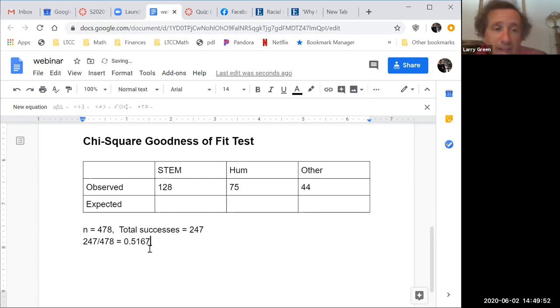Any questions on that? A little bit of arithmetic. Okay, so we would expect that the proportion of successes for everyone would be 0.5167.